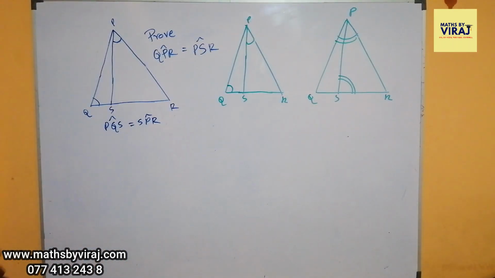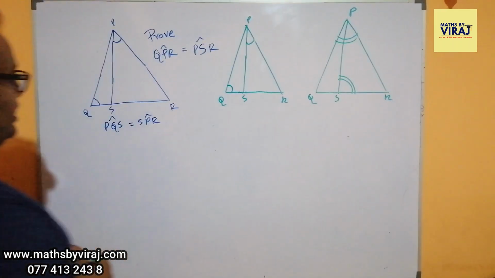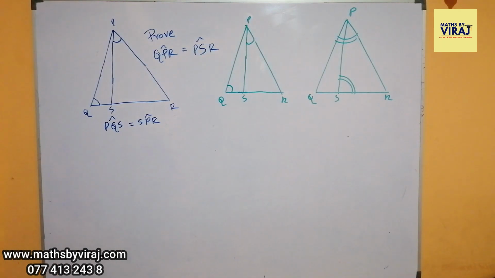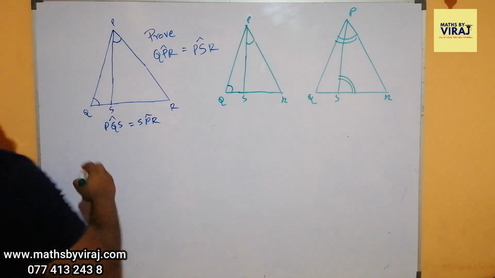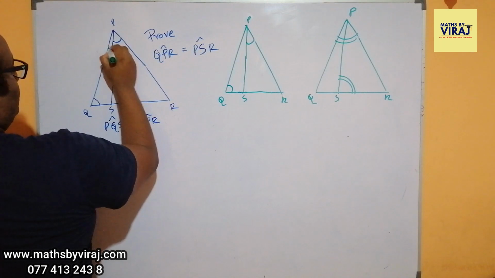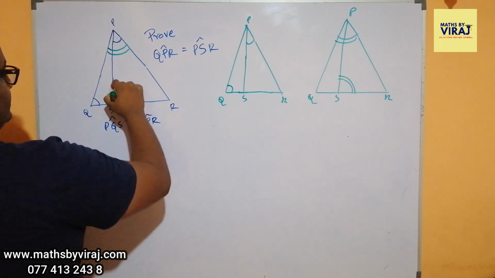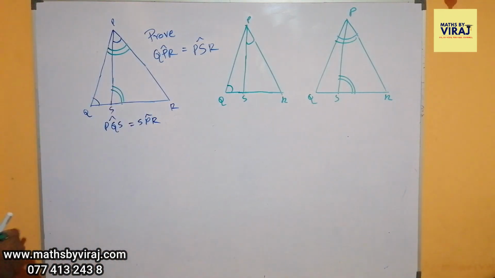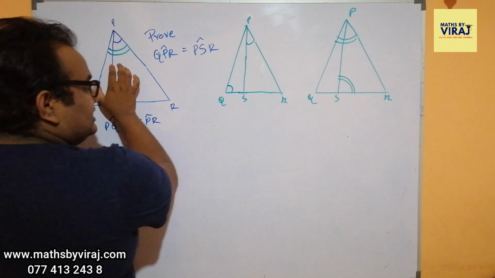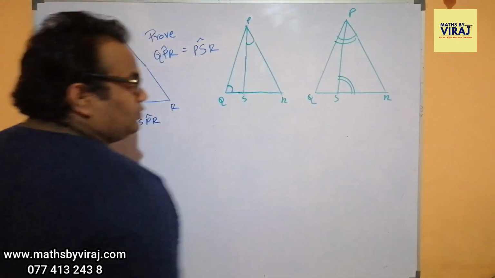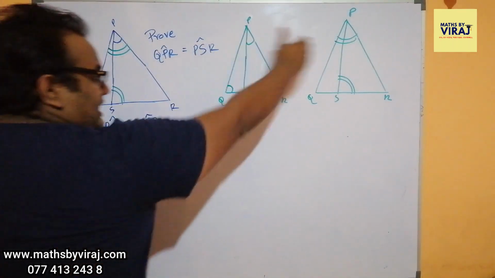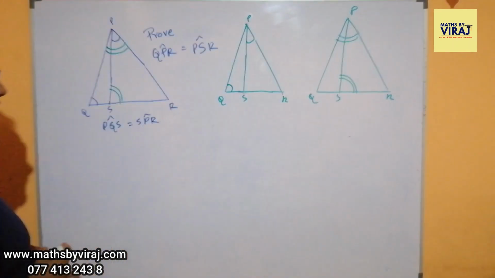Now we have to prove that angle QPR is equal to angle PSR. Therefore, QPR, this whole angle, is equal to PSR, this angle. Very easy. Now, if I am to break this diagram into two diagrams, the angles are different.